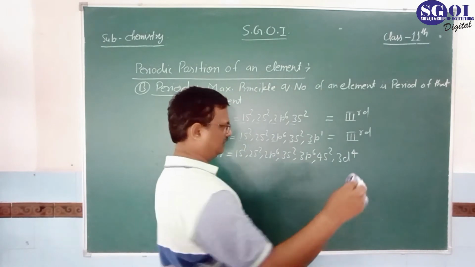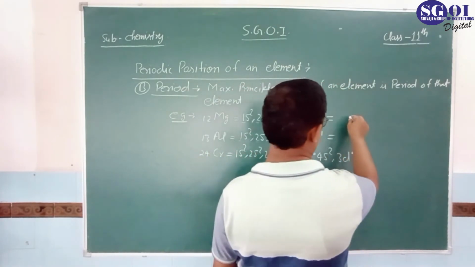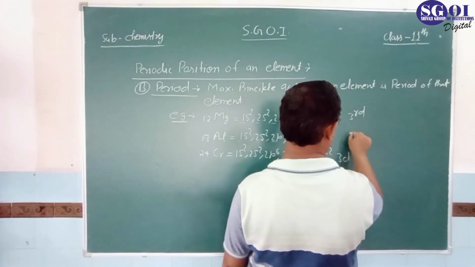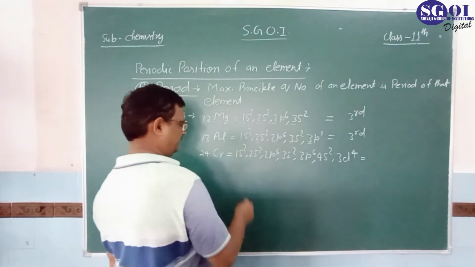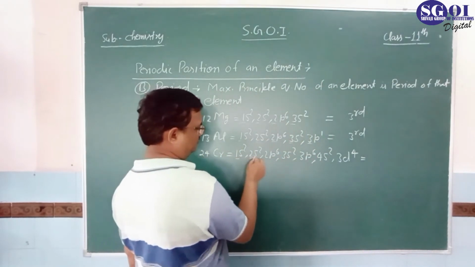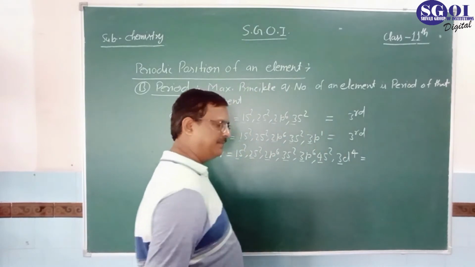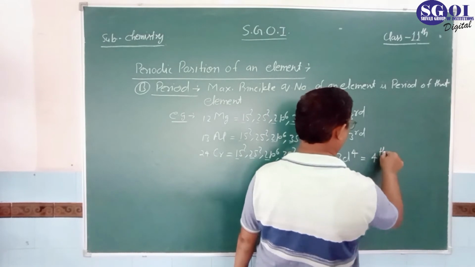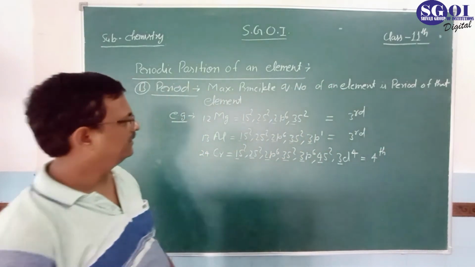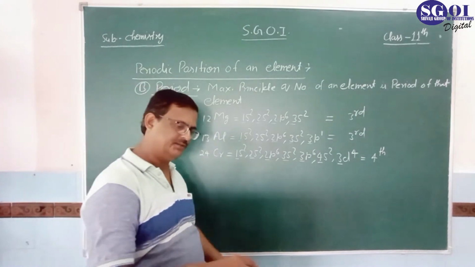Don't write in Roman numerals. Roman numerals are used only for the group. This one is also the third period. Now in chromium, 1, 2, 2, 3, 3, 4, 3. Which one is the maximum? It is 4. So this period is the 4th. By this method, you have to find out the period of that element.